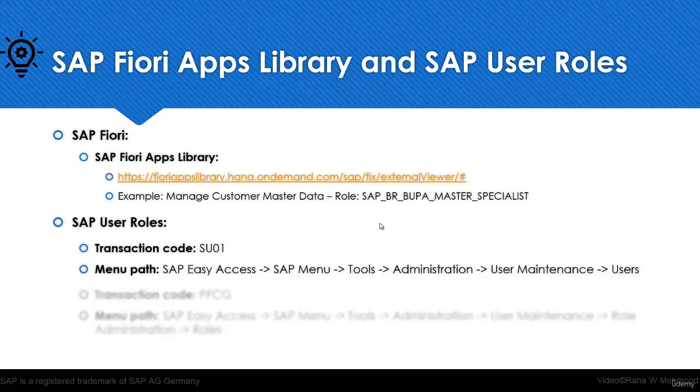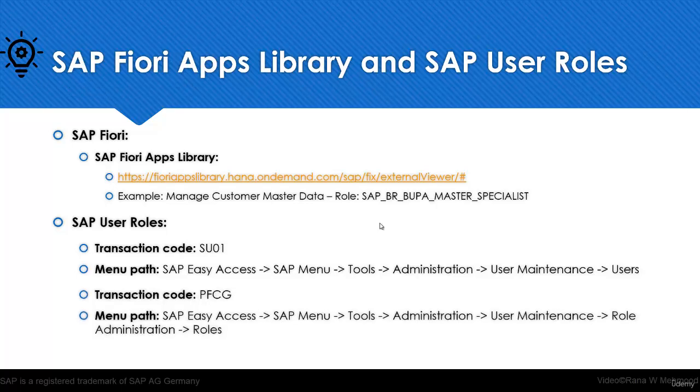And then you can also create or copy the role, or you can list all the roles on SAP system by using the transaction code PFCG, SAP Easy Access, SAP Menu, Tools, Administration, User Maintenance, Role Administration, and then Roles. So I will show you now on SAP system.